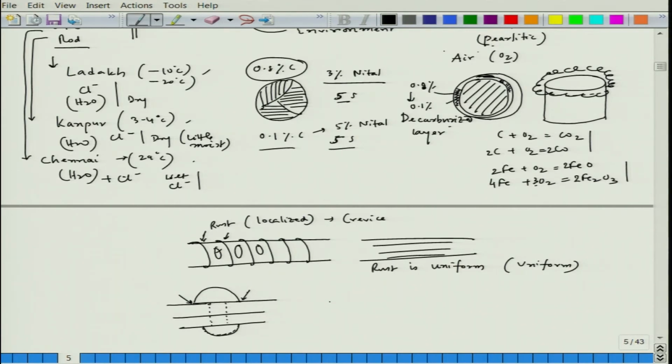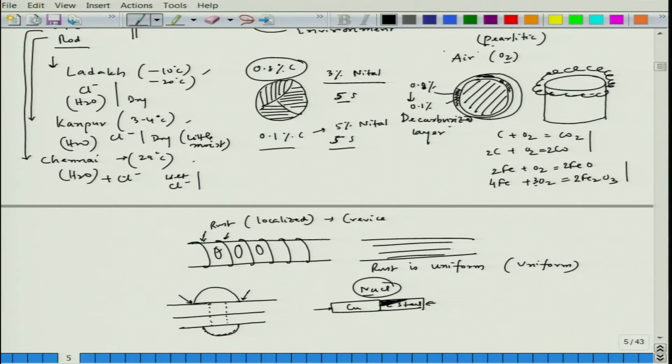Now, let us say you have a copper plate and a steel plate or carbon steel, they are joined together, closely met and tightened, and you leave it in NaCl solution. You will see that the portion in contact with copper will be highly corroded. Here also the corrosion form or the corrosion pattern is changing.